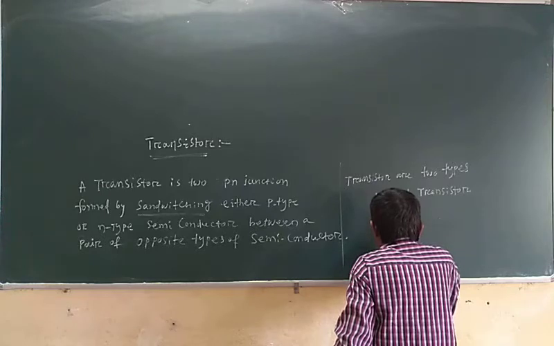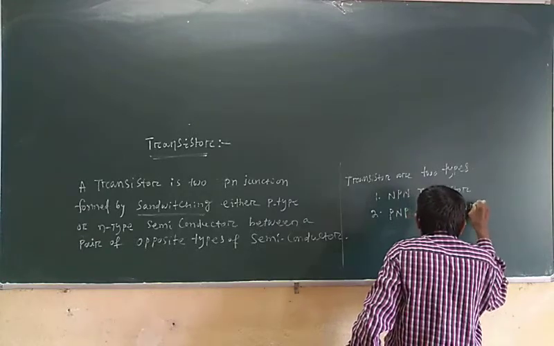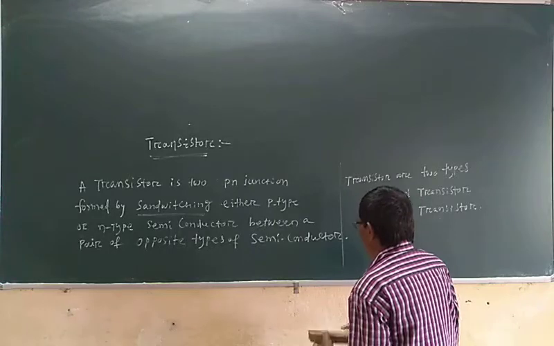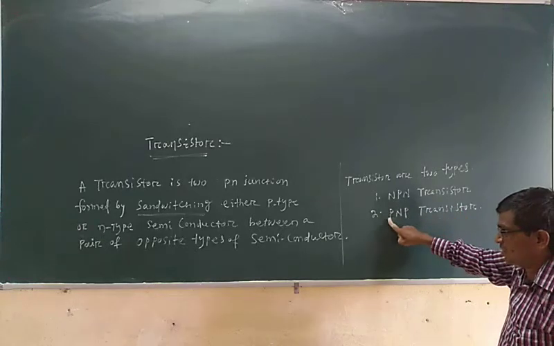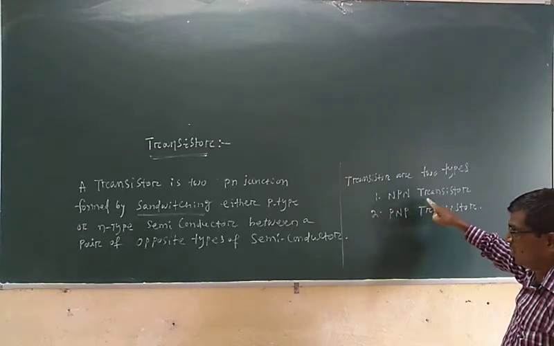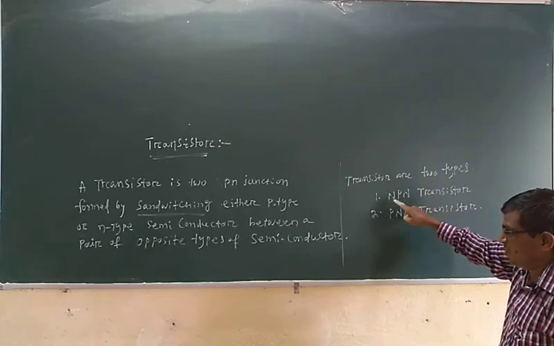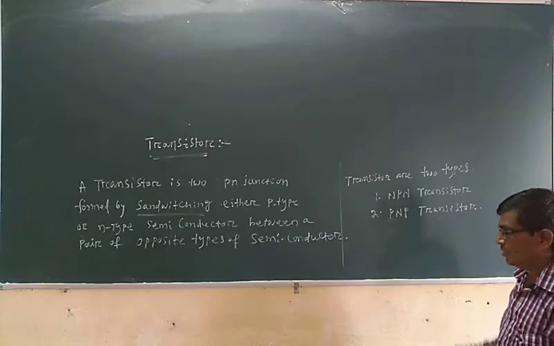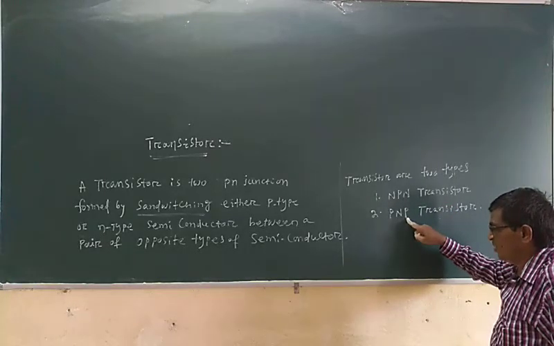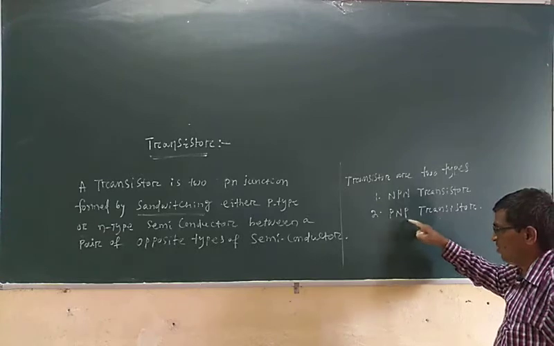Second, PNP transistor. We will discuss the NPN transistor first. In an NPN transistor, two N-type semiconductors are combined with a P-type semiconductor, but in a PNP transistor, two P-type semiconductors are combined with an N-type semiconductor to form the PNP transistor.